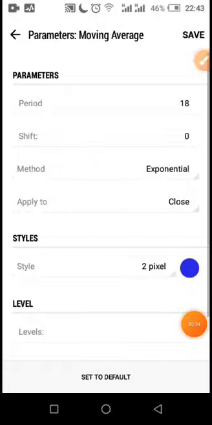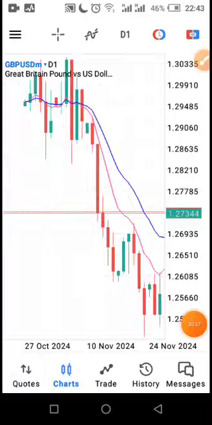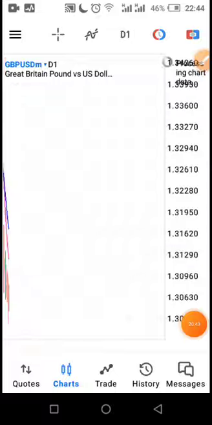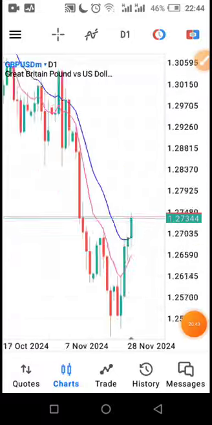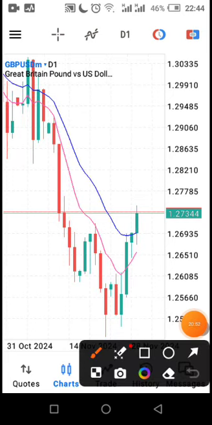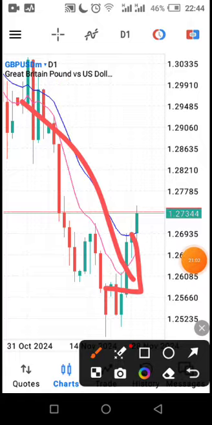So when the Great British Pound US dollar is in a downtrend using the exponential moving averages, you would only take sell trades for the pair if it's in a downtrend on the daily time frame.